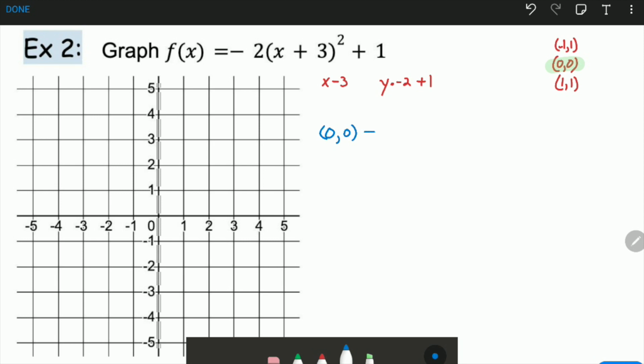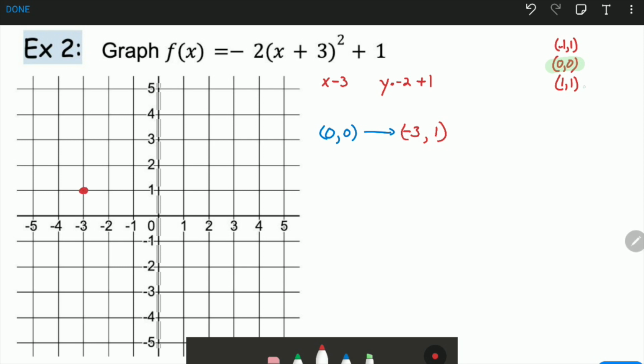We're going to apply the transformations to the vertex. So 0 minus 3 is negative 3. And 0 times negative 2 is 0, plus 1 is 1. So we have the vertex at negative 3, 1.